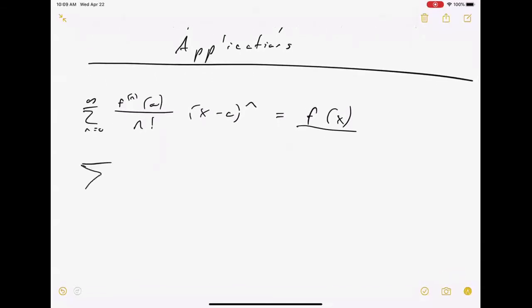Well, in practice, for example on computers or in calculators, we can't represent a function like sine of x exactly. So how do we calculate values of sine on a calculator?